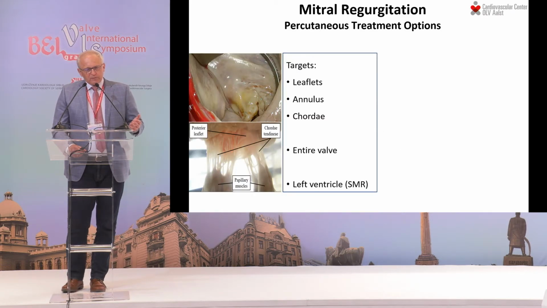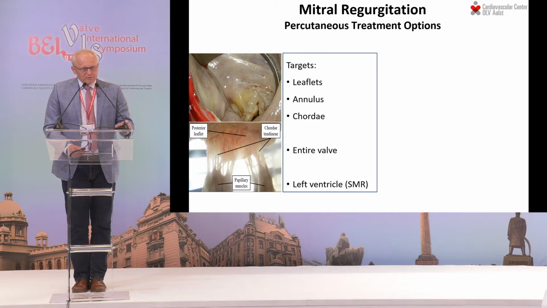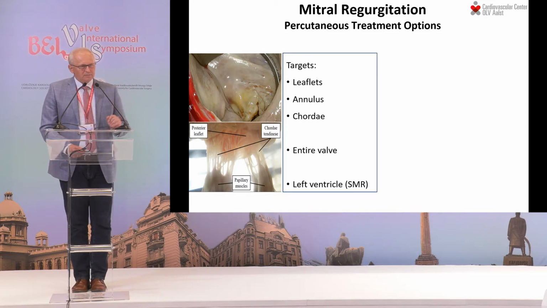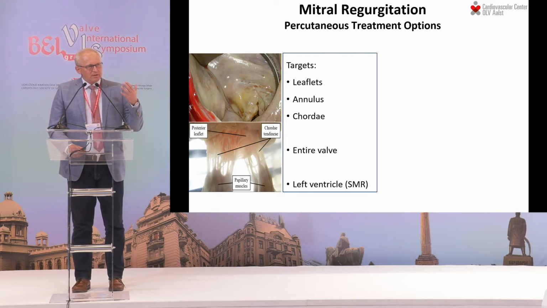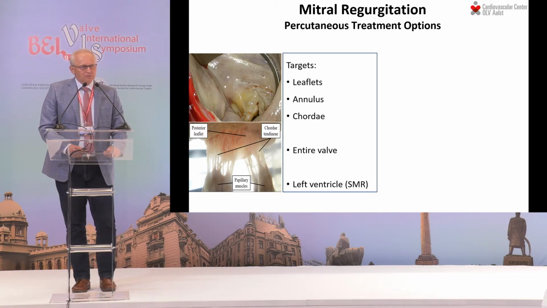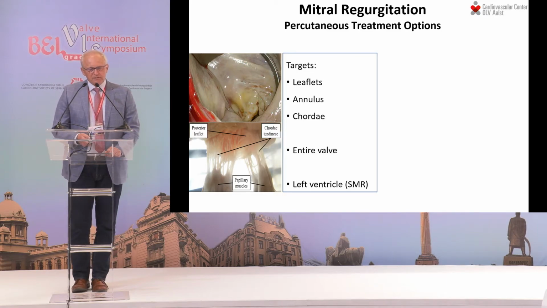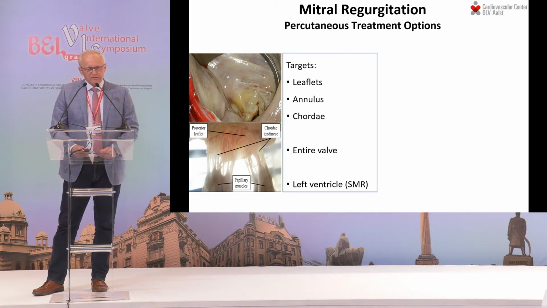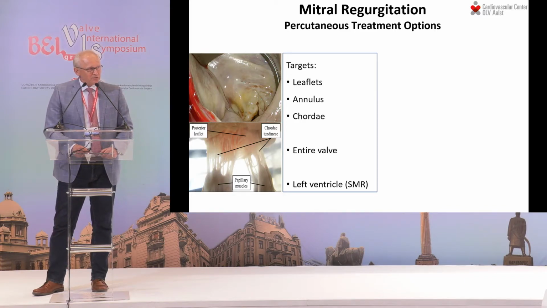Now, when thinking about the treatment options, it's good to have a look at this slide. It's basically the mitral valve, the chorda, what we are dealing with, what kind of targets we are going to have. And actually there are several targets, starting from the valve, the leaflets, annulus, chorda, the entire valve. And in case of secondary mitral insufficiency, we should also not forget the left ventricle.